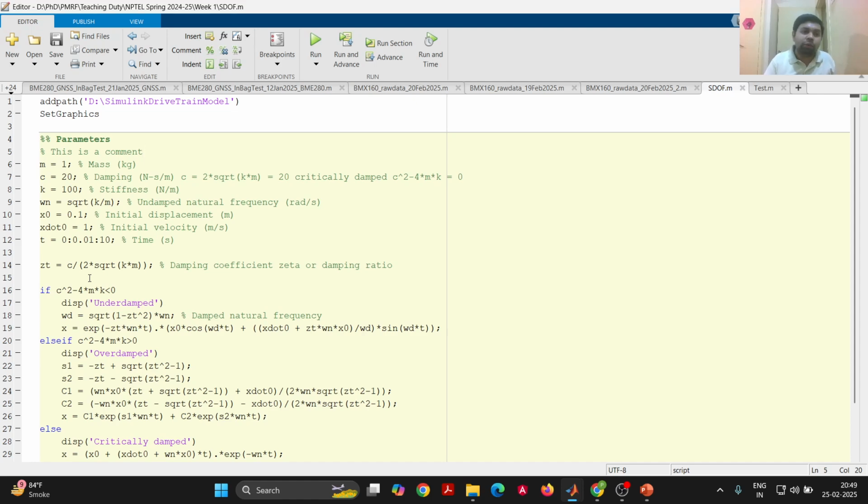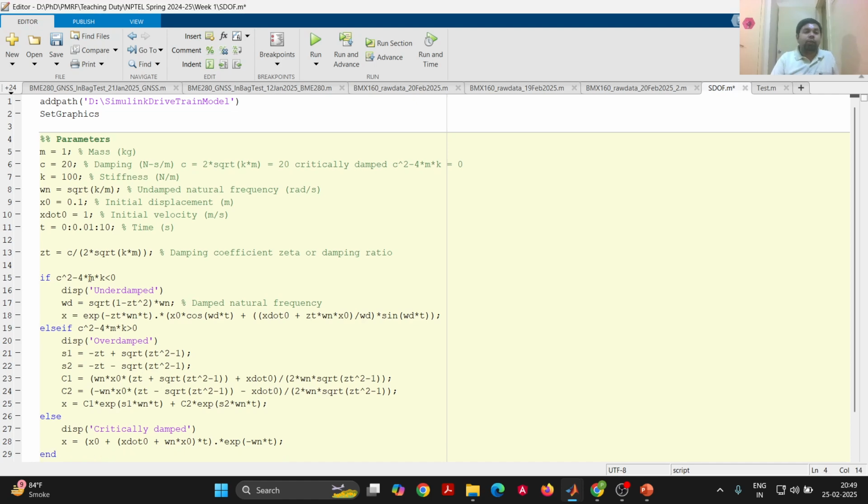These comments are useful for our own understanding, to understand what exactly every line is doing. So line number 5 is where we define the mass in kg.